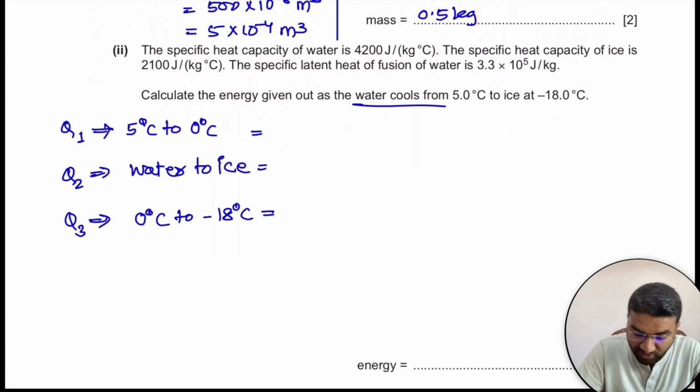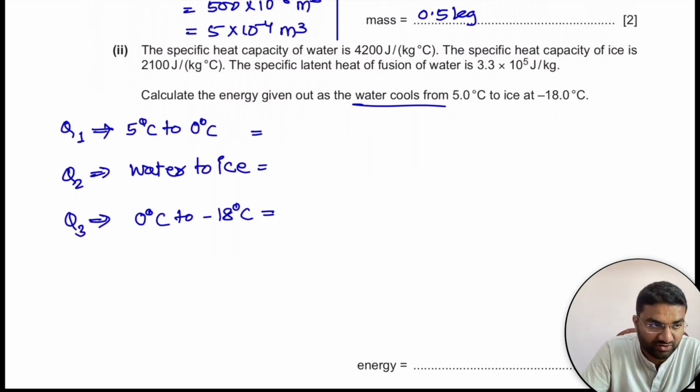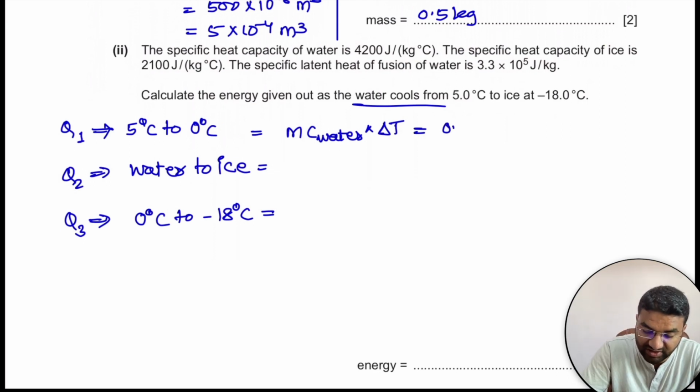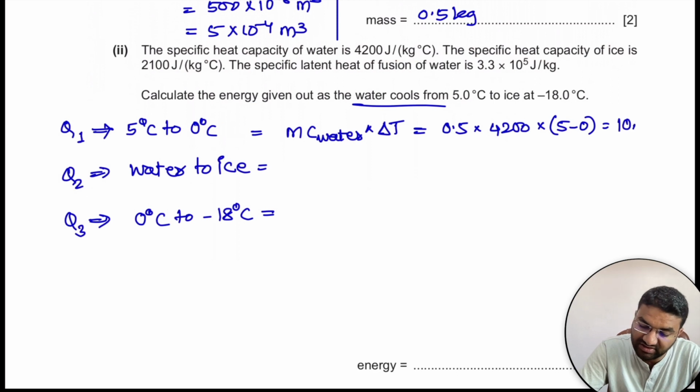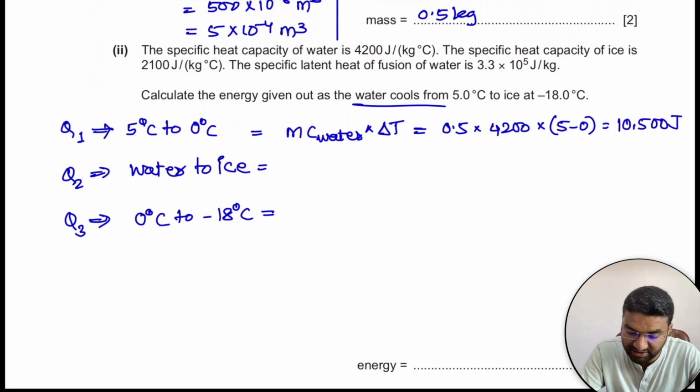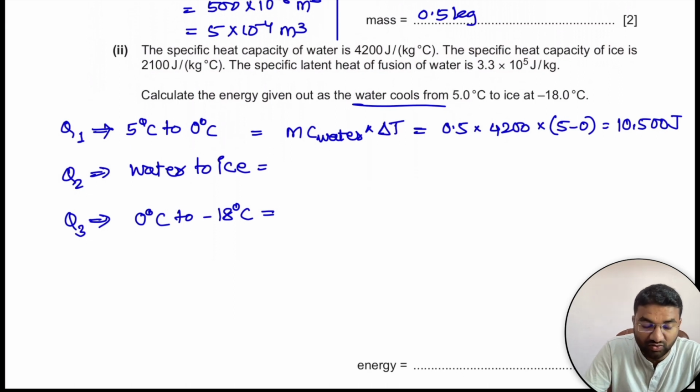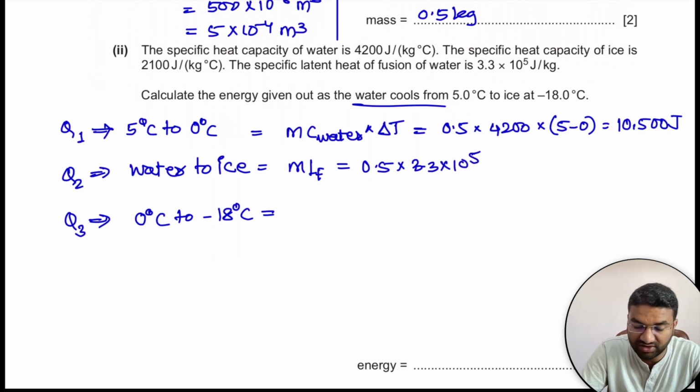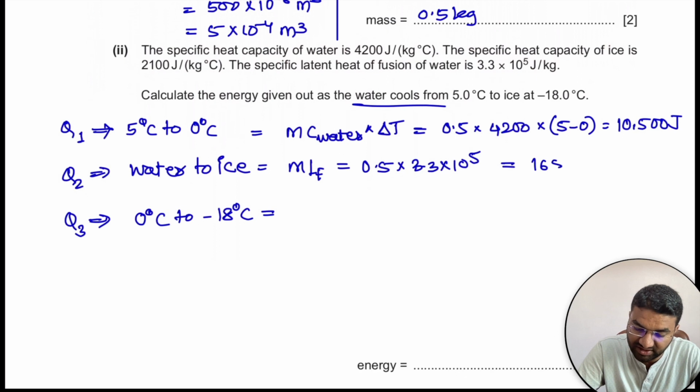We have formulas for each of the energies given out. For Q1 we have m times specific heat capacity of water times delta T. The mass is 0.5 kg times 4200 times 5 minus 0, which is equal to 10,500 joule. So this is the first part. The second part is water to ice. It's the mass times the latent heat of fusion, which is 0.5 times 3.3 times 10 to the power 5 joule per kg, so it will be 165,000 joule.